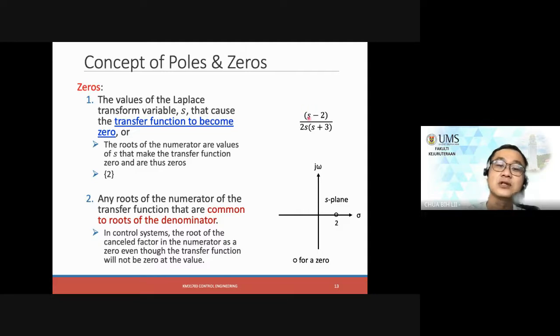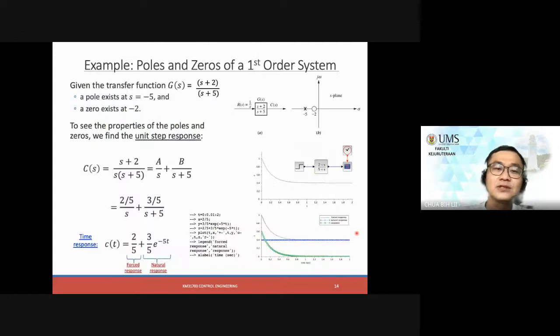So therefore the zero will be 2 over here. For the zero, we represent it with a circle. A cross and a circle, very simple, just like the noughts and crosses game. Just put it on the S-plane itself. So that is our poles and zeros.